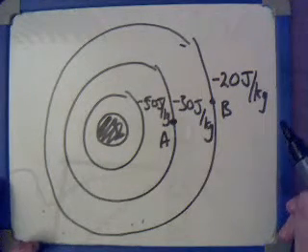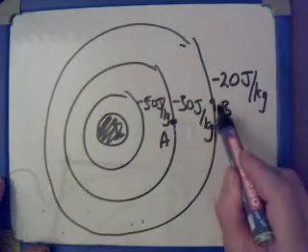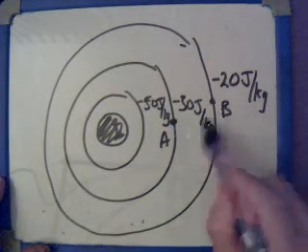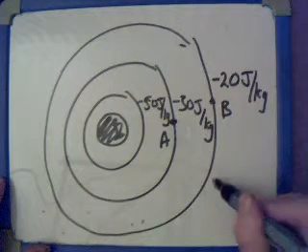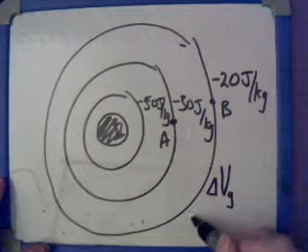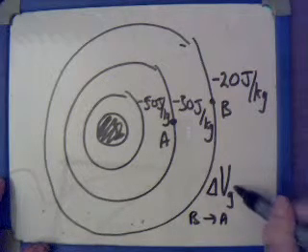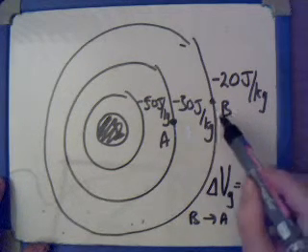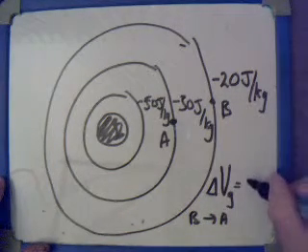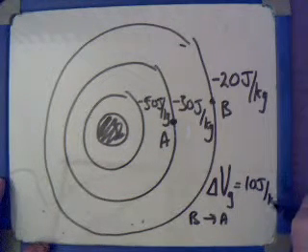So if the object were to fall from B to A, the change in gravitational potential would simply be, that's at minus 20, so the difference is 10 joules per kilogram.